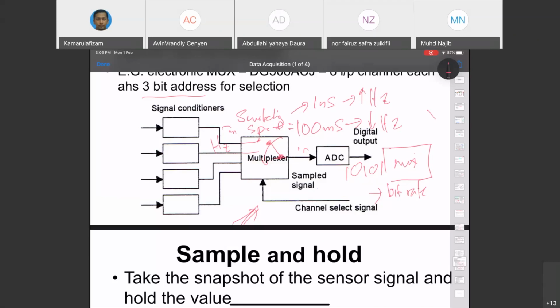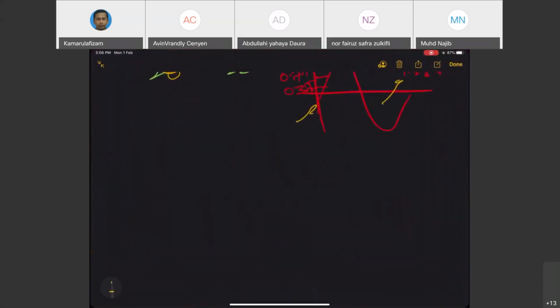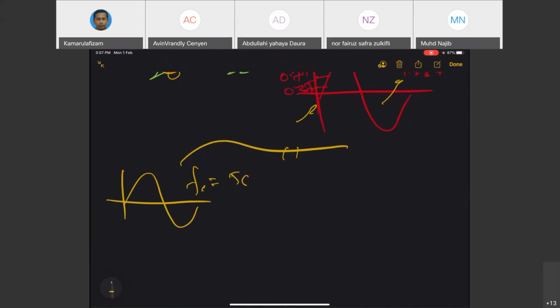For example, for this multiplexer, if I have a sinusoid here, which my signal frequency is 50 Hertz, and my T would be 1/50.